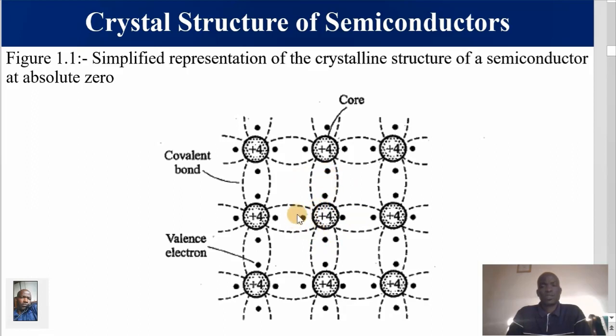As a result, the atom at the center will have 8 electrons in its valence shell. Then it becomes stable. So what that means is a silicon or germanium crystal is pure. Why? Because it only contains either germanium or silicon atoms only, and they will be sharing.